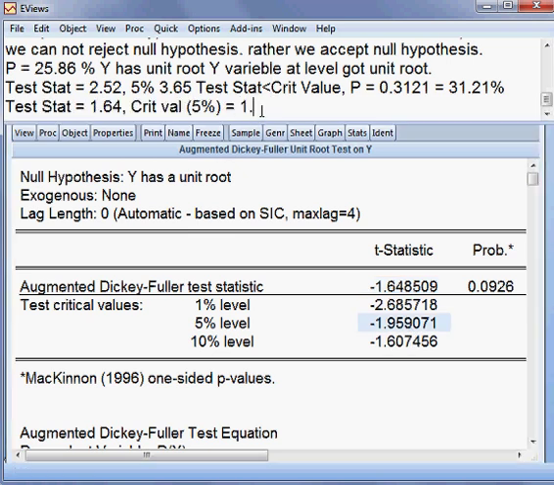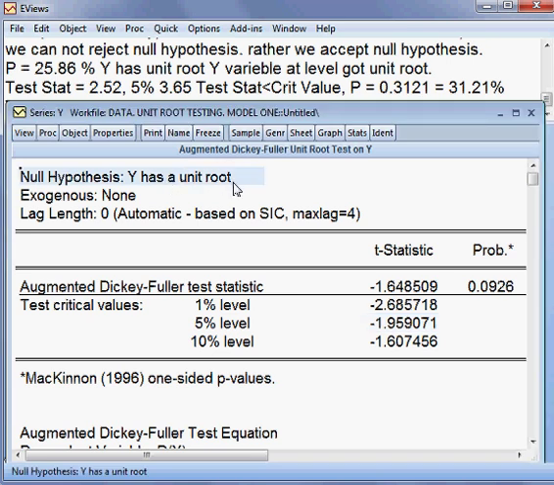That is 1.95, right? And what is happening here? Test stat is less than critical value, so meaning that we cannot reject null hypothesis, rather we accept null hypothesis. So y has a unit root.